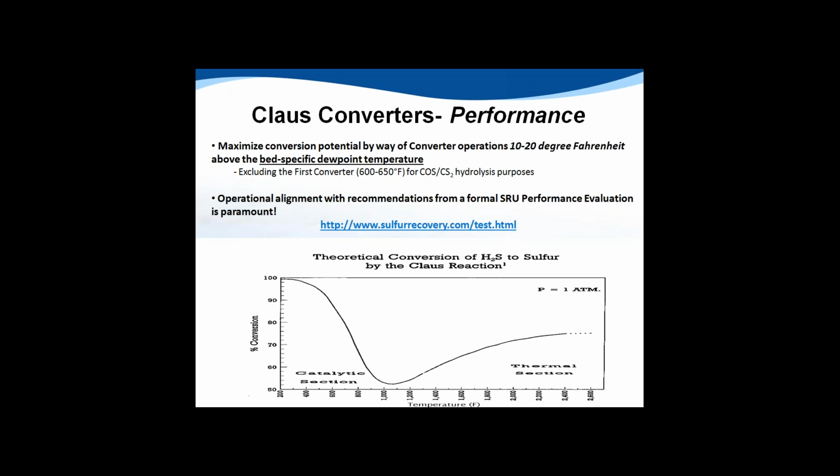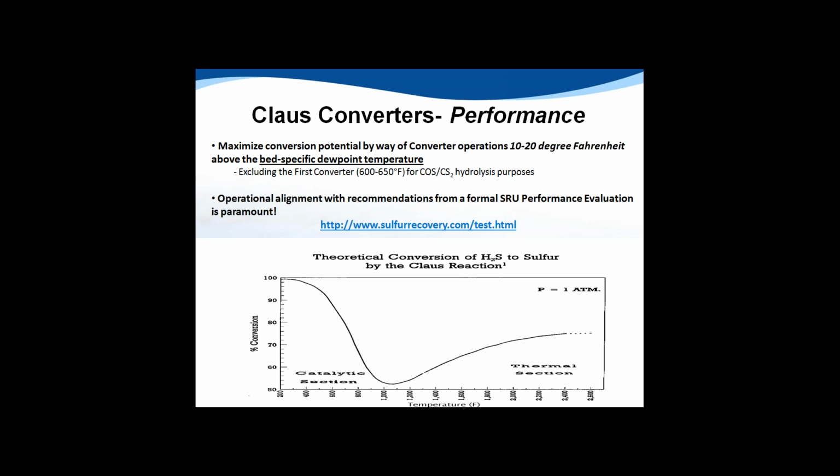Dew point temperature will fluctuate. It will increase or decrease relative to the extent of the Claus reaction that is taking place in each bed. In the condition of SRU turndown, we overall have less H2S and SO2 in our system. As a result, dew point temperatures will be reduced in our system.